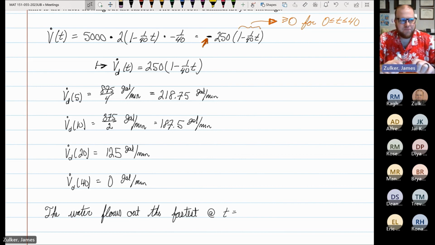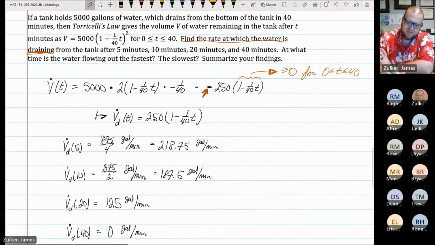While it's true that 5 is the first one we calculated, does time start at 5? Time starts at 0.